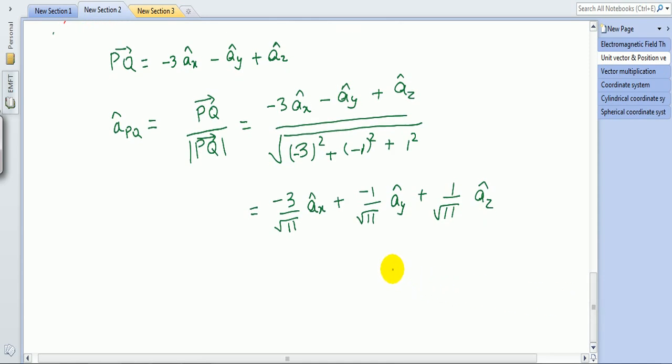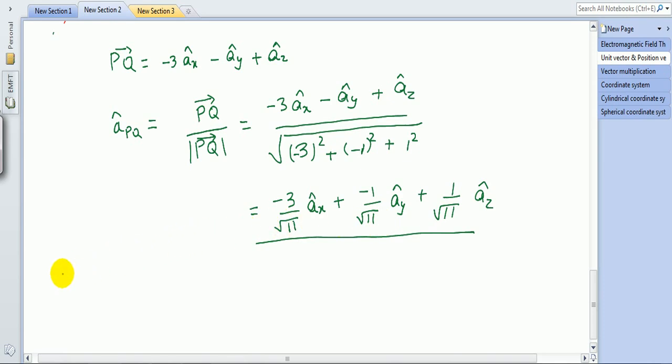Now we want to find a vector which has a magnitude of 5. This vector has a magnitude of 1 because it is a unit vector. So if we want to make the magnitude 5, we will multiply this vector by 5.